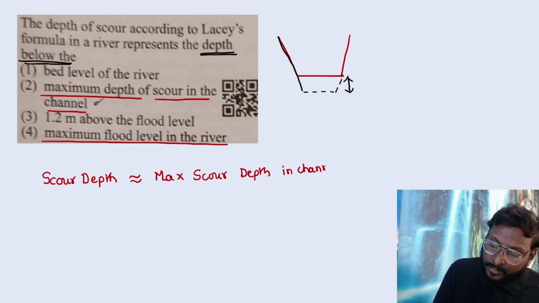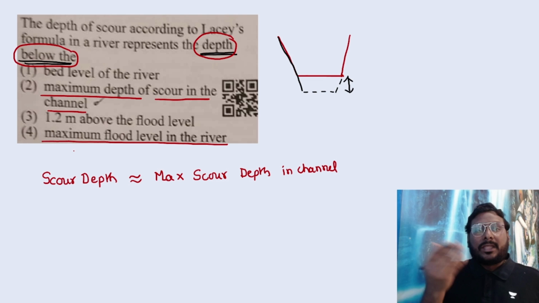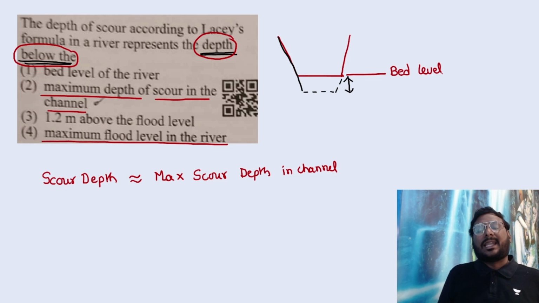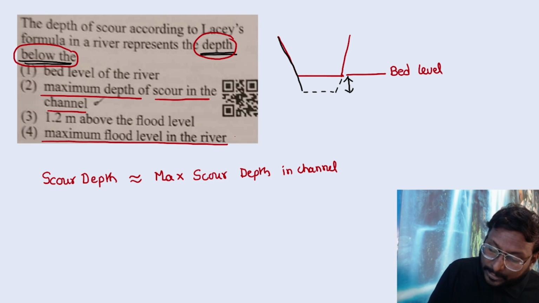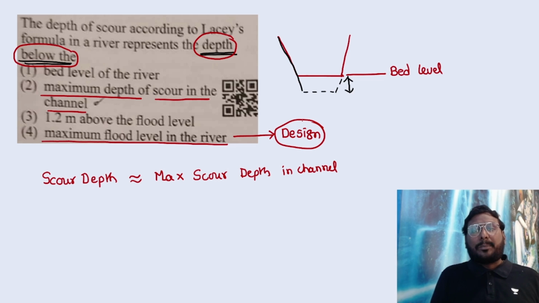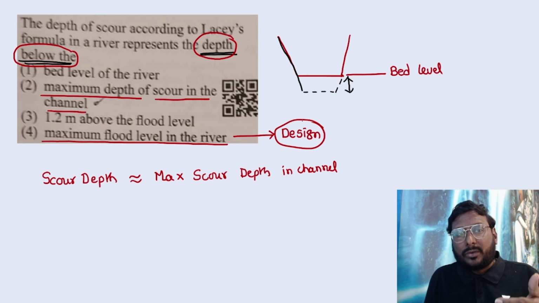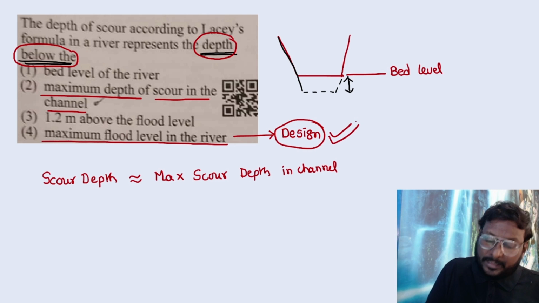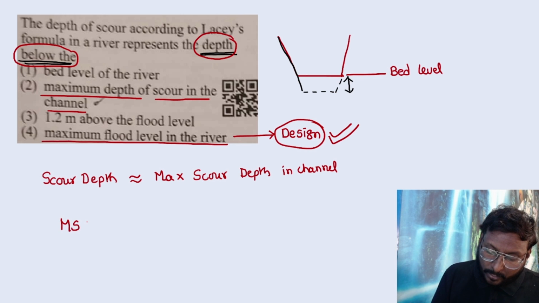Scour depth is the maximum, simply scour depth. That is what we consider, the maximum depth of scour in the channel. But the depth below is happening below the bed level of the channel. With respect to design, it is the maximum flood level in the river. So when they talk about depth below the, and you consider it as a design consideration, we expect the answer to be maximum flood level in the river. If it is MSQ, you can go with 3.